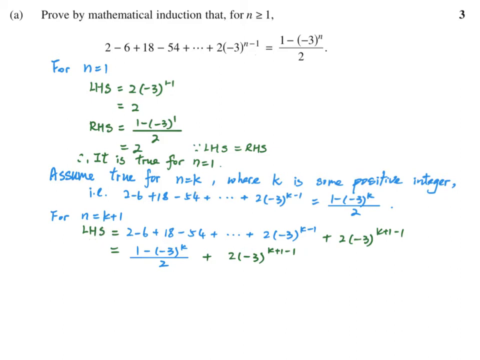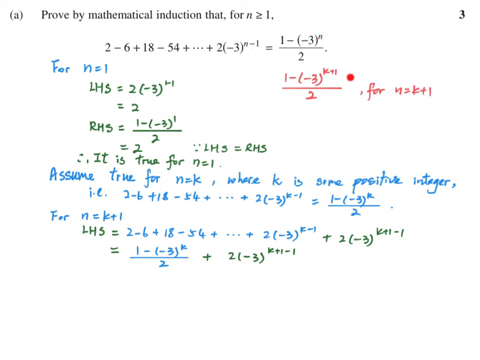Therefore, the left-hand side should be all the way up to k, and then k plus 1, 2 times minus 3 to the power k plus 1 minus 1. Okay, by our assumption, the blue part here should be equal to this. And then we have to make sure that two things add up to be this one.